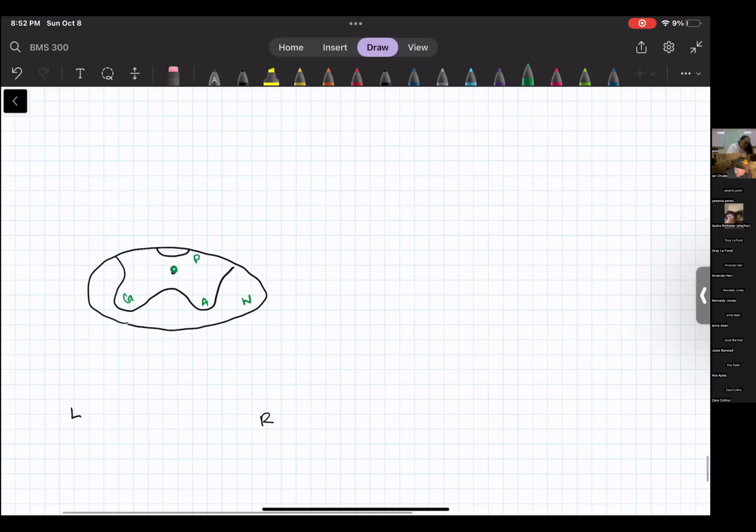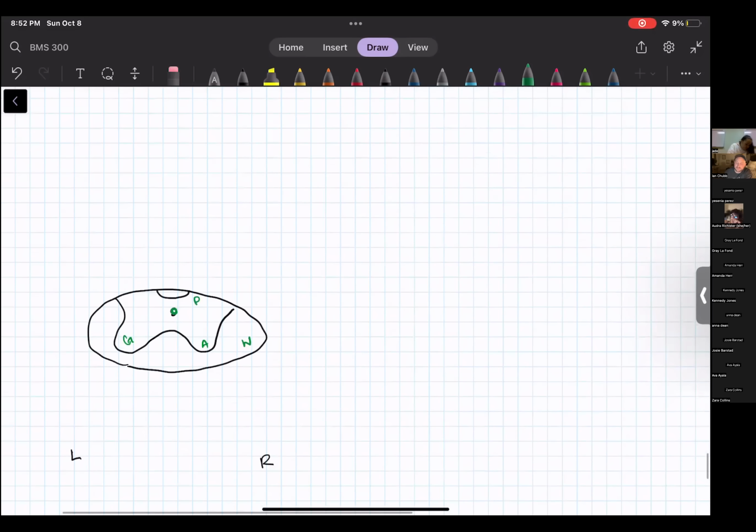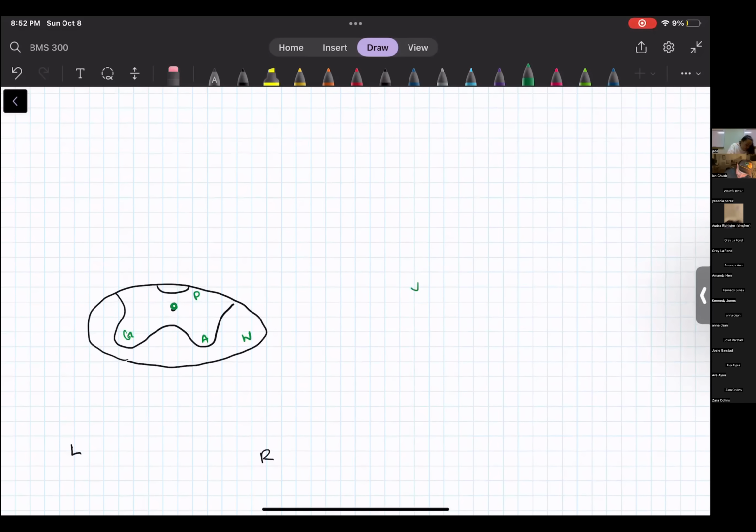So if we're talking about the PCML, which is the posterior column medial lemniscus tract, our first order neuron could be all the way out here in a finger. It's going to come in and it's going to directly enter, or where does it leave its cell body? Leaves it in our posterior root ganglion.